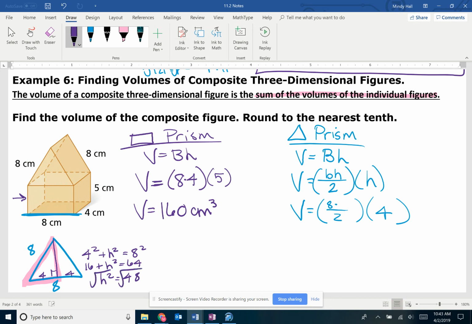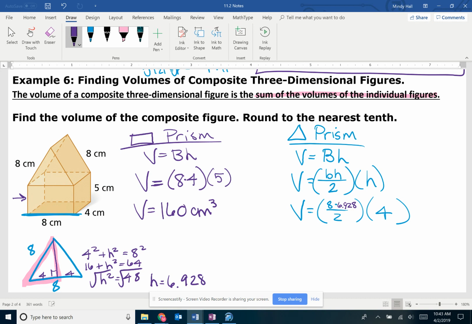When we take the square root of both sides, we get that the height is 6.928. I'm just going to leave it as a decimal for rounding purposes.